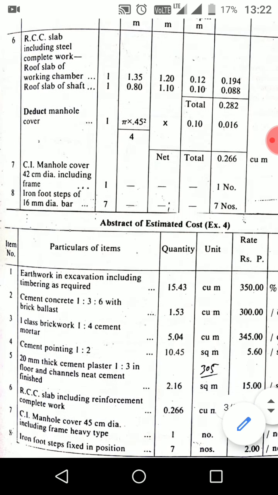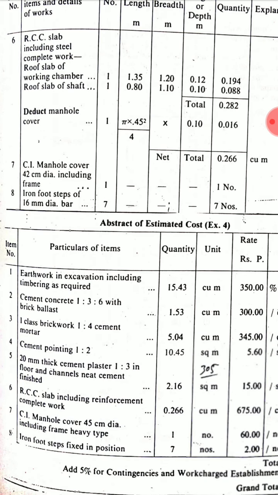So the next thing is cast iron manhole cover and iron footsteps of 16 mm diameter. These are measured in terms of numbers. Okay, so manhole cover we have provided only one number, so you can consider one number.